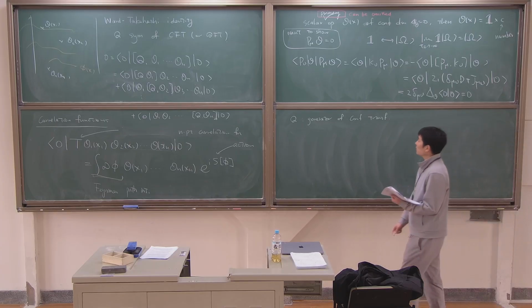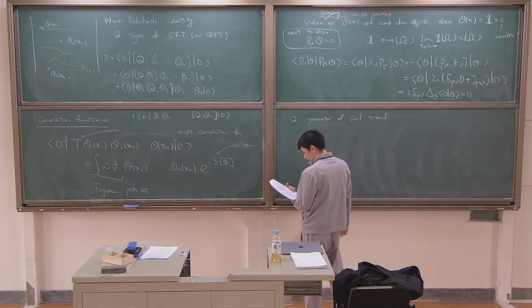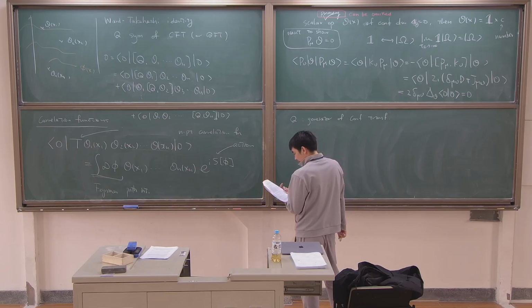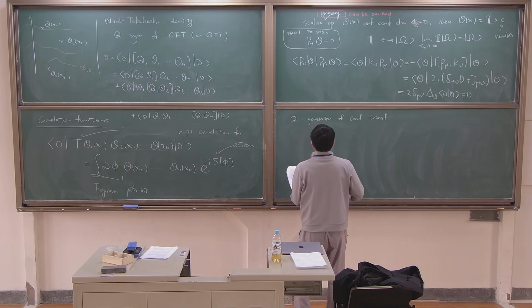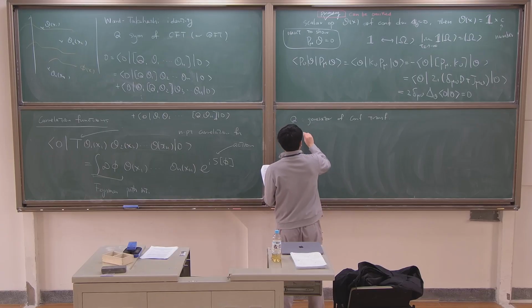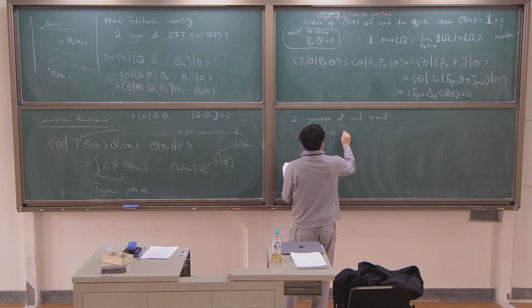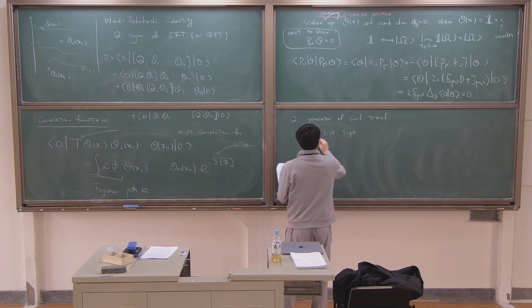Okay, and then we consider n, so this is the 1-point, 2-point, and 3-point correlation function.